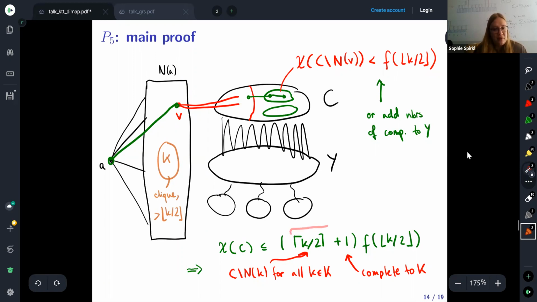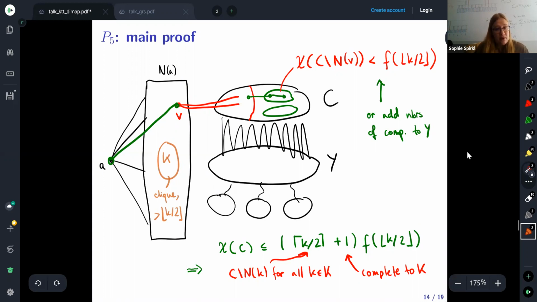So we have k over 2, f of k over 2, 1 f of k over 2 for each vertex of the clique, for the set of its non-neighbors, and then there are the vertices of C that have no non-neighbor in K, but then they also have clique number at most f of k over 2. Right, you kind of see a pattern if we group things by their non-neighbors or we group things by their neighbors. And for cliques of size k over 2, that kind of works nicely because things that are complete to that clique have clique number at most f of k over 2.